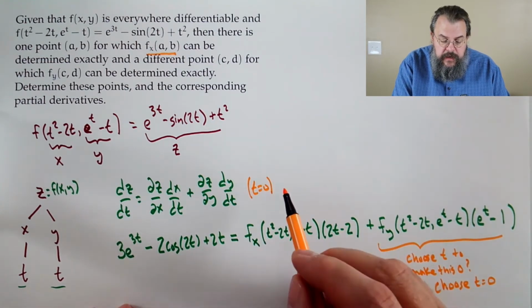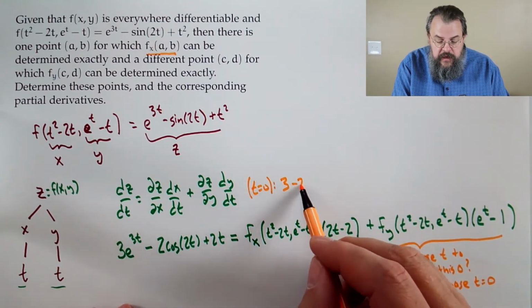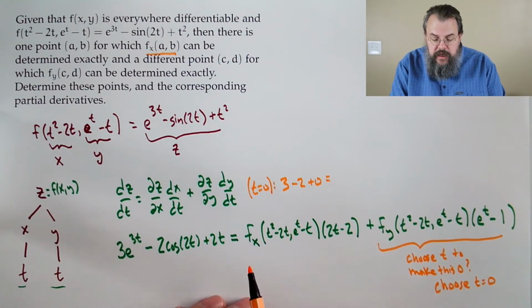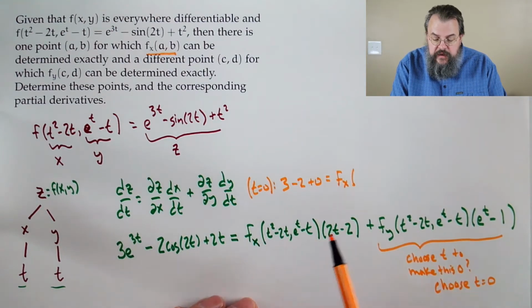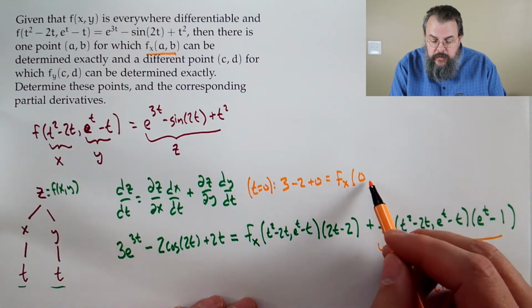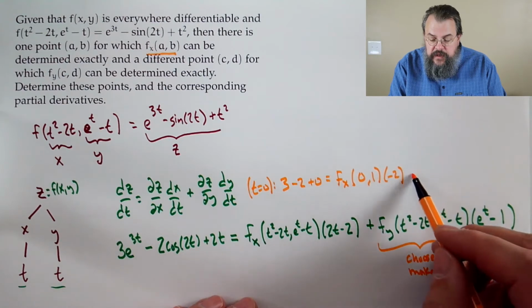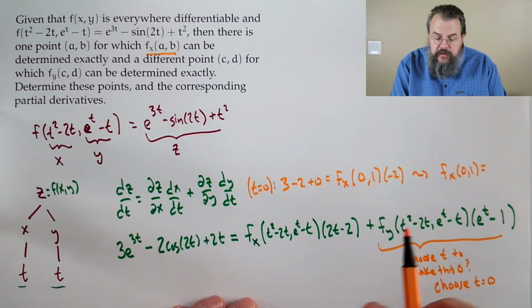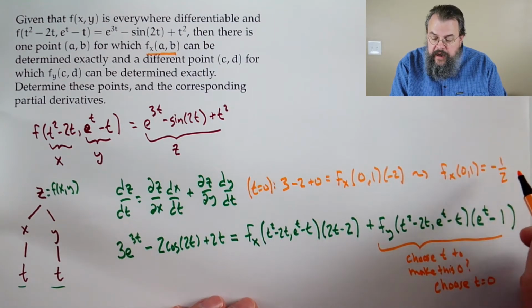We get 3, then minus 2, and plus 0 equals f sub x at 0 minus 0, that's 0, times 1 minus 0, 1, and then 0 minus 2 times negative 2. This leads us to conclude f sub x at 0, 1 is, well, 3 minus 2 is 1, divided by negative 2, negative a half.